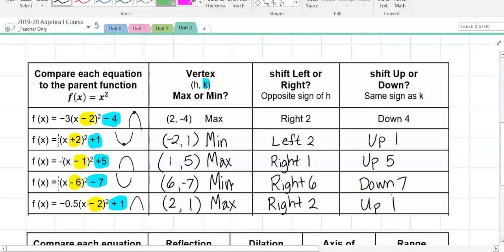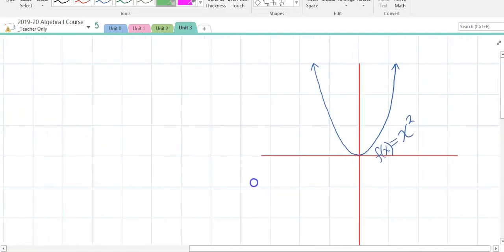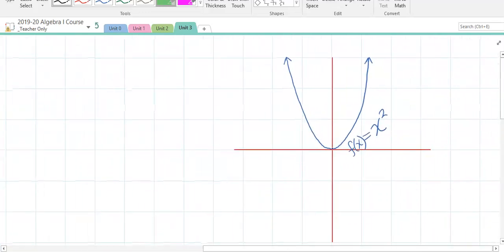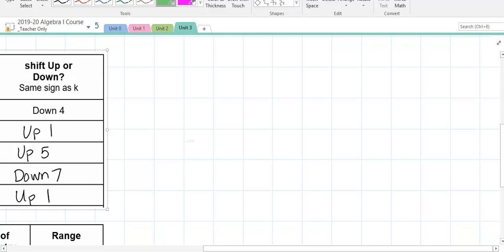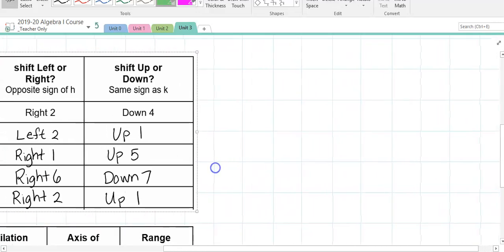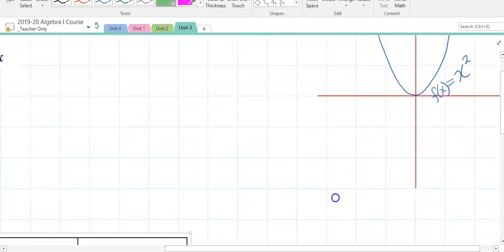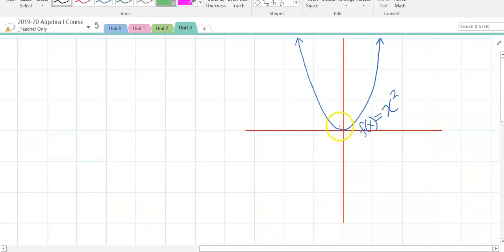So what this literally means is if we start off with our parent function and apply these translations, we will move our parent function around the graph. The first one will go left 2 and up 1. Instead of being right here, if I went left 2 spaces and up 1, it would now be up here.